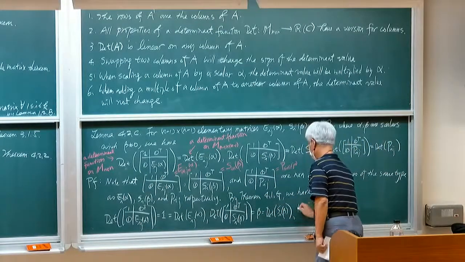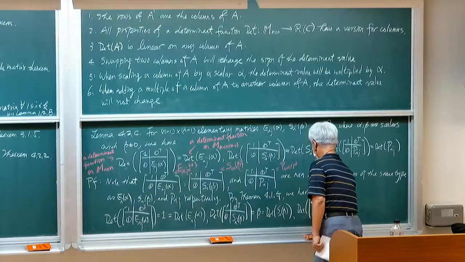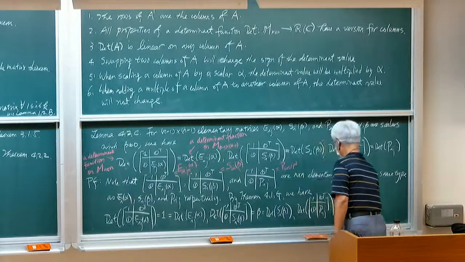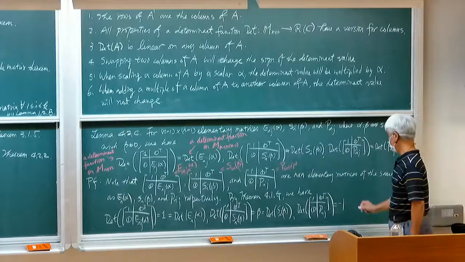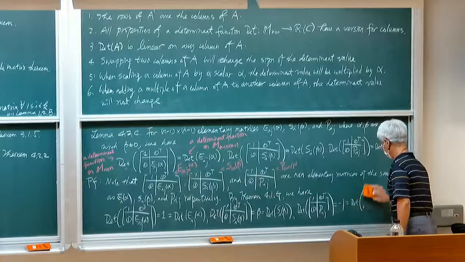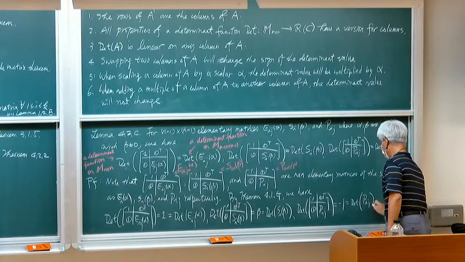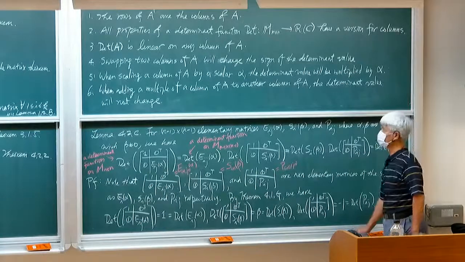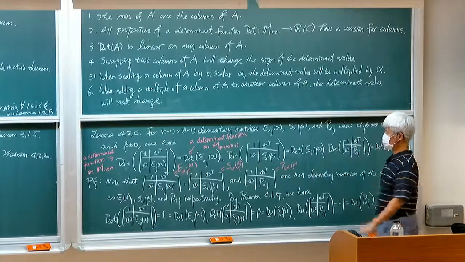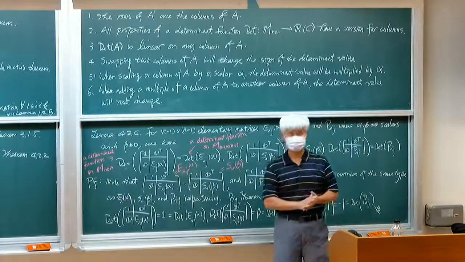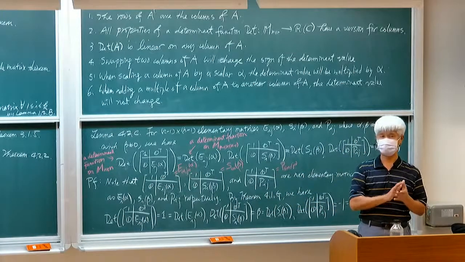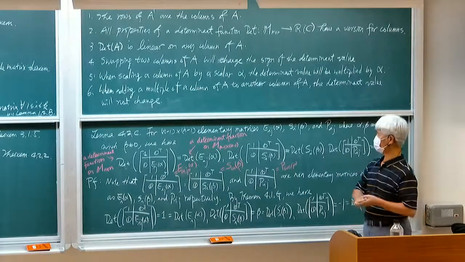The last one, the determinant of P_ij, the value is minus 1, and this is P_ij, and we are done. The equality is because of our axioms and all the theorems we proved before. So they are equal.